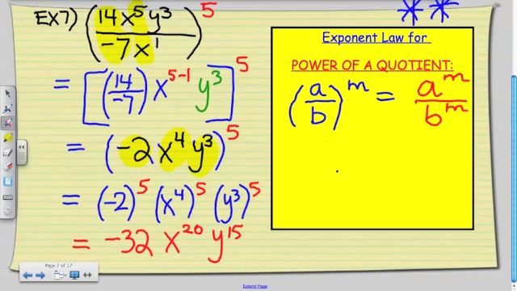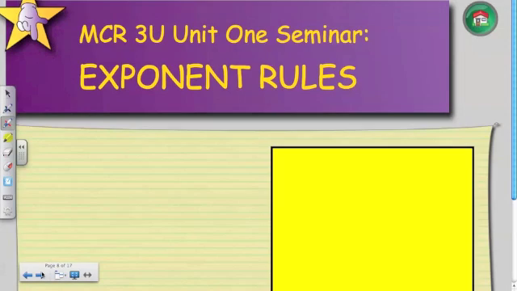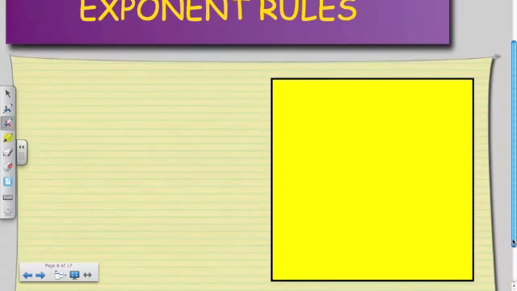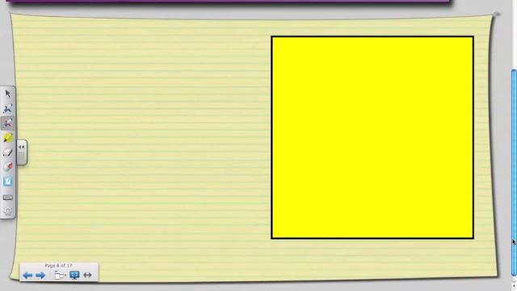So those are the majority of the rules that we've already gone through: the exponent rule for multiplication, division, power of a power, power of a quotient. That's 4 major rules. Now we're going to talk about negative exponents, which is the equivalent of my bad grammar in mathematics that we need to rectify.